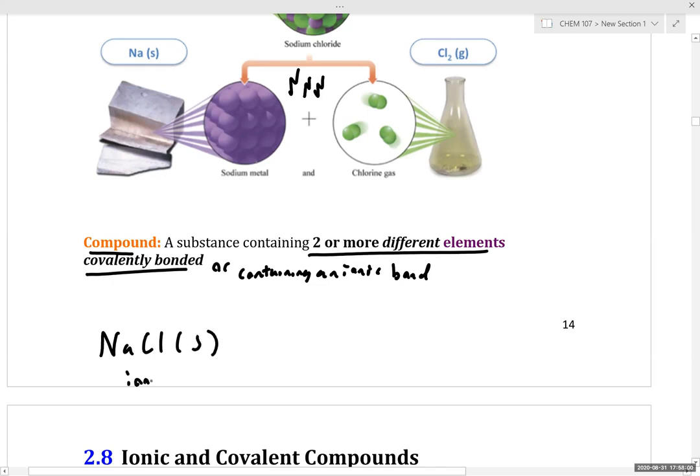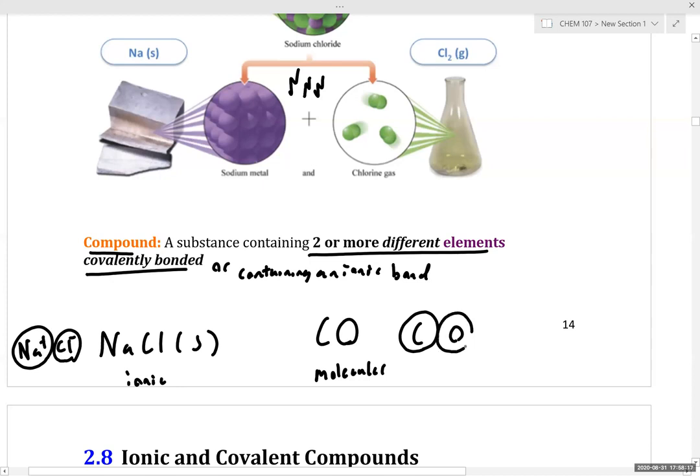This is an example of an ionic compound. We'll talk more about that later. Another example would be carbon monoxide, which is an example of a molecular compound. In this case, we clearly have two different elements bonded together. So compounds, two or more different elements bonded via either a covalent or an ionic bond.